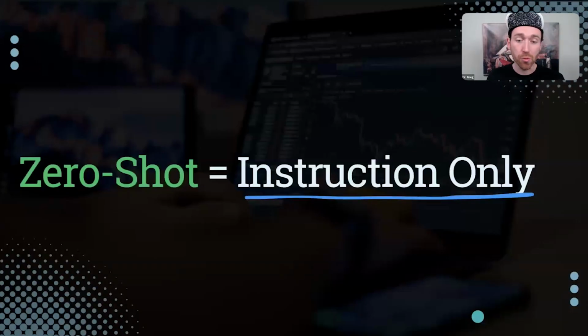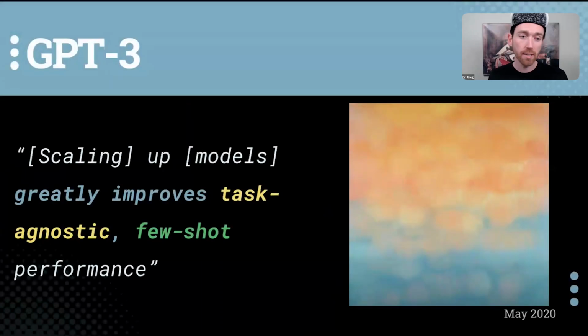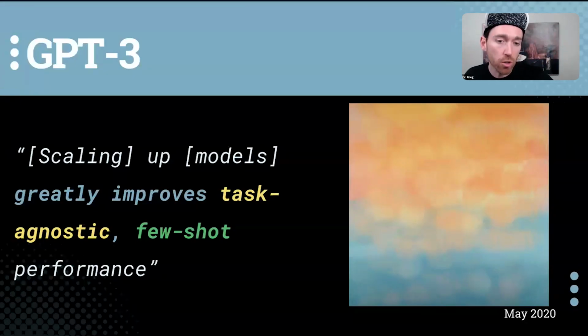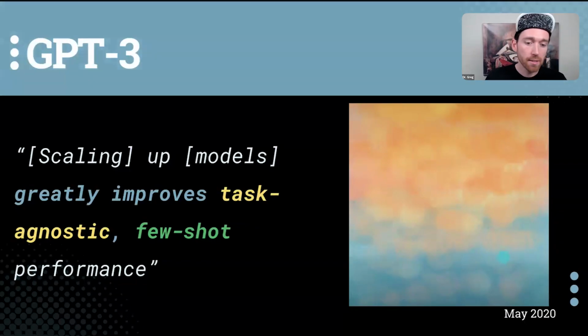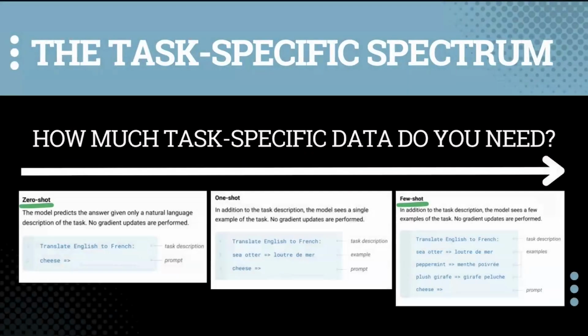In GPT-3, we said, well, if we scale up our model and we go one-shot, two-shot, few-shot, we can get even better across many different tasks. And of course, as we go from one-shot to few-shot and beyond, we're moving down this task-specific spectrum.